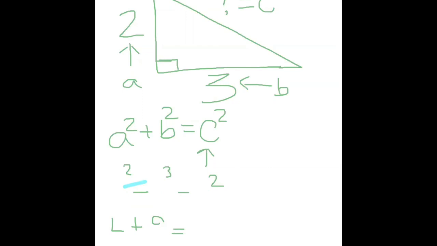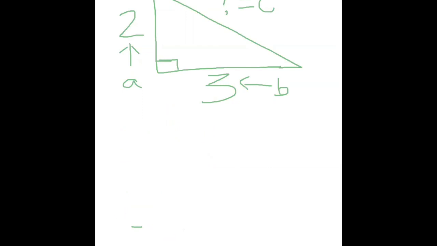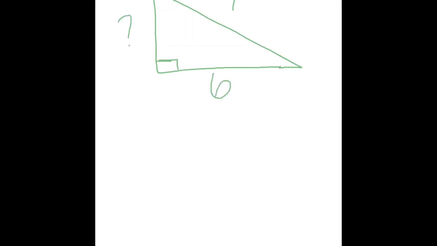Likewise, let's say you already have the hypotenuse and you want to solve for a side. Let's say this is 9. And this is 6. And I'm looking for this. So I know my C value, or my hypotenuse, is 9.